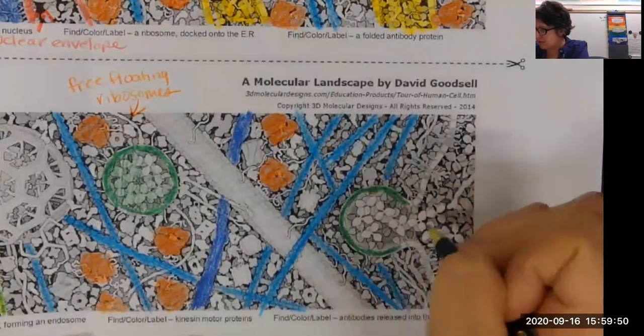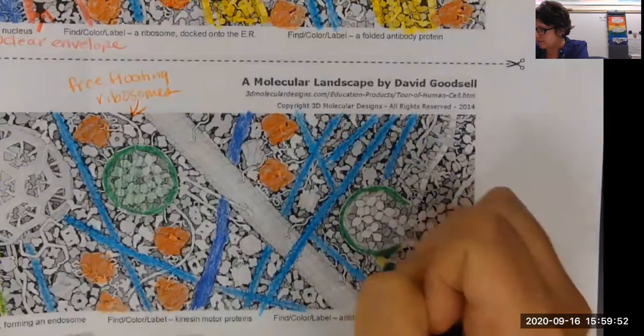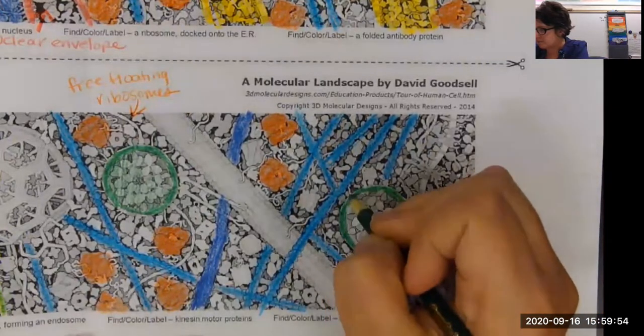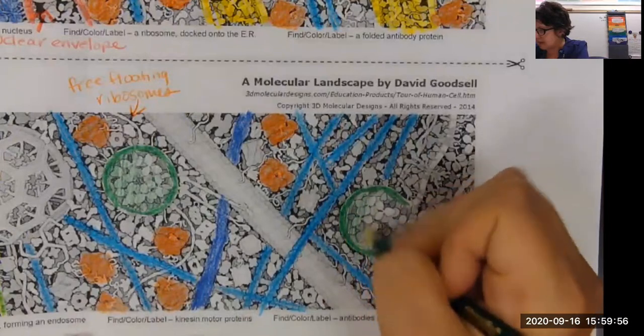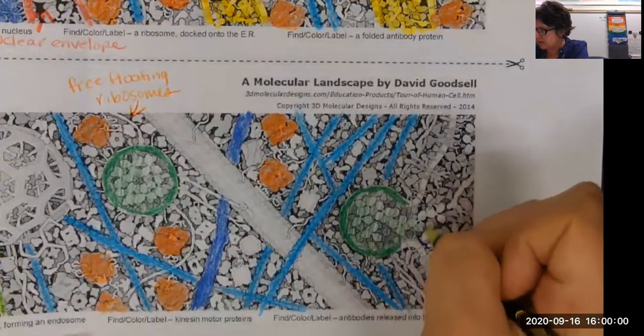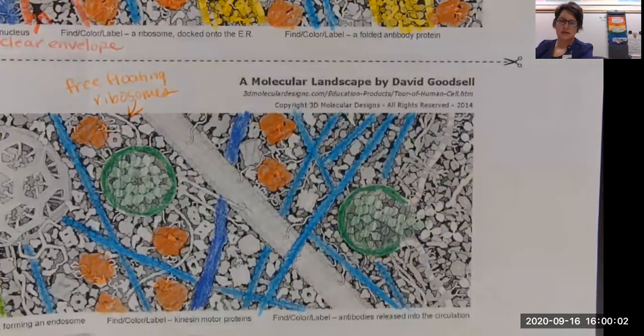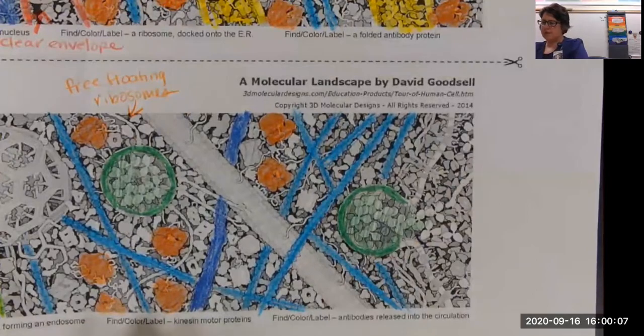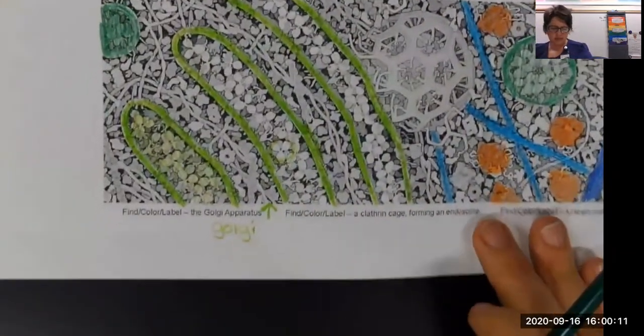So we want to make sure we understand that this is a vesicle. And all of those pieces are about to go out of the cell. That is a vesicle.